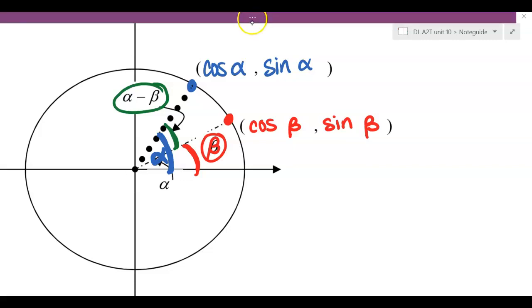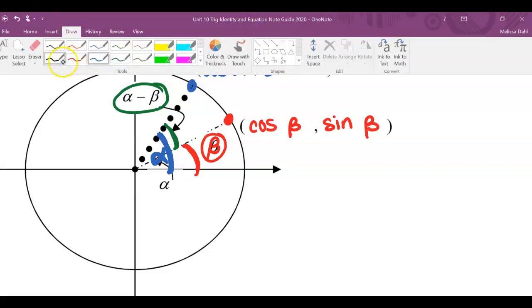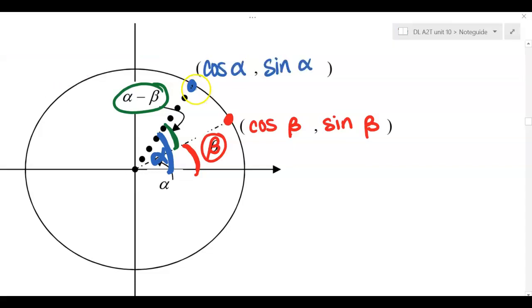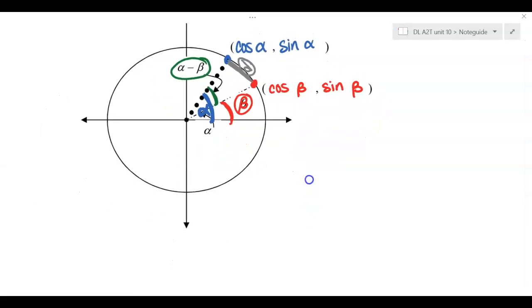So what we're going to do to prove to you one version of this formula, and we're going to use that one proof and call it enough to say that we can do the others, is we're going to look at how far apart these 2 points are right here. Okay. We're going to call it D, and there's actually 2 ways to calculate how far apart those 2 points are. One way is the distance formula that you guys know from Algebra 1.